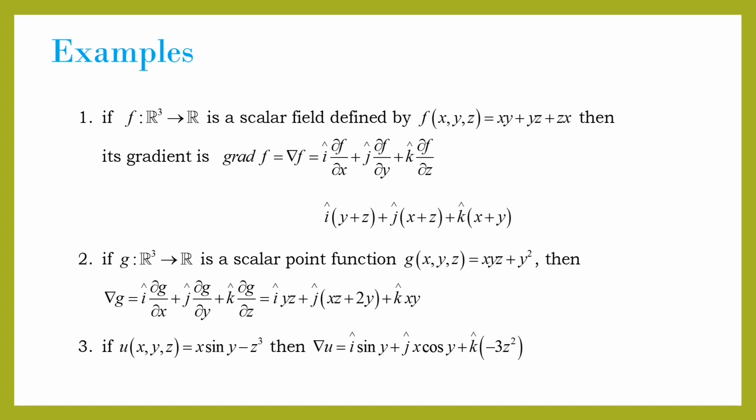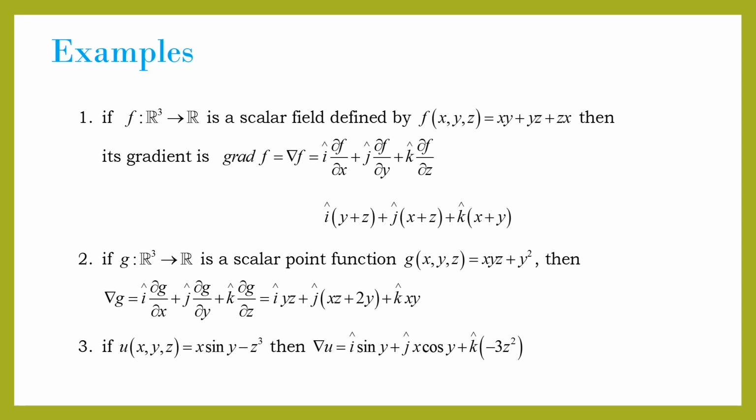Our second example is g of x, y, z equals xyz plus y squared. For this function, if we find the partial derivatives ∂g/∂x, ∂g/∂y and ∂g/∂z, we get ∂g/∂x equals yz, ∂g/∂y equals xz plus 2y, ∂g/∂z equals xy.